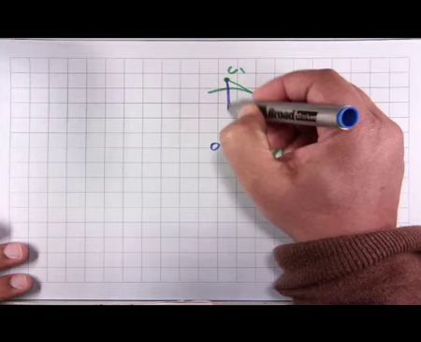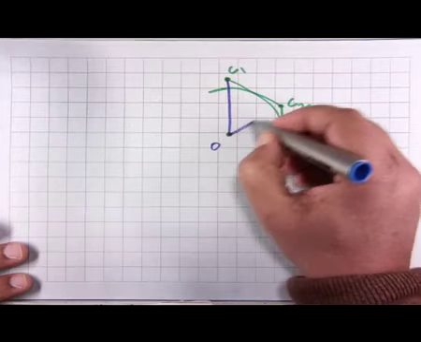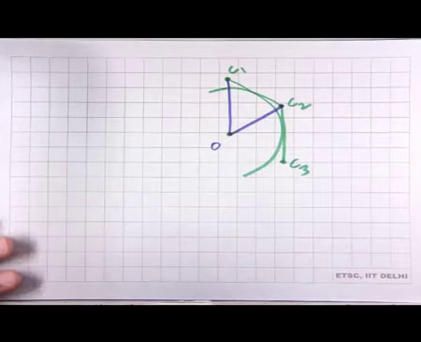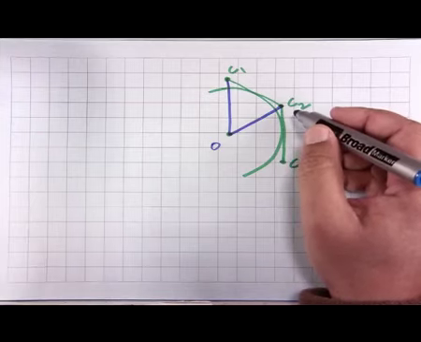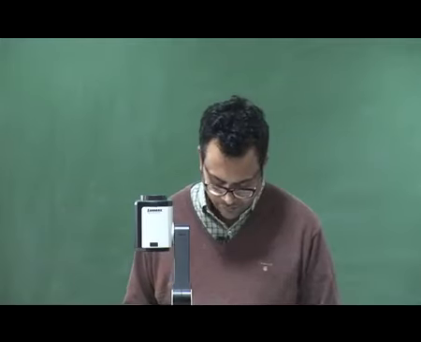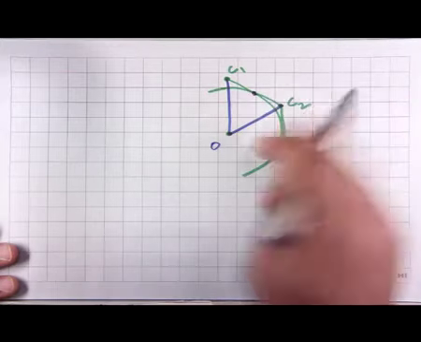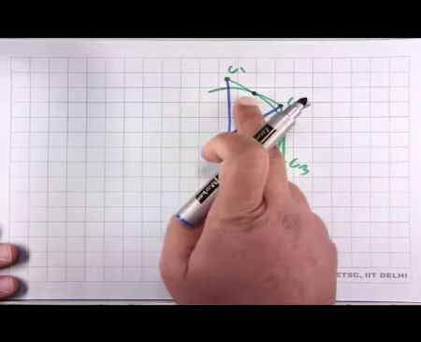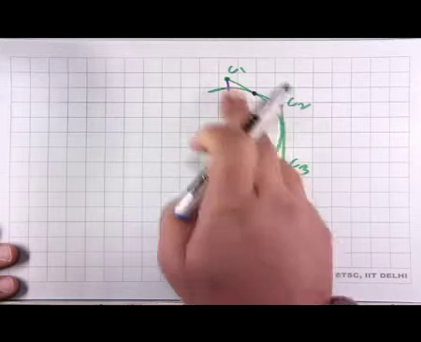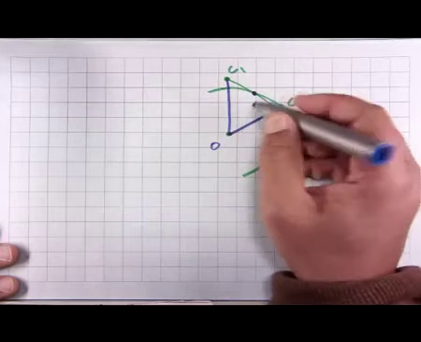So, if we now connect the center of the circle to these two vertices of the regular polygon, and if you see this point here, this point is actually the point of contact of the edge C1, C2 of the polygon with this circle, right.